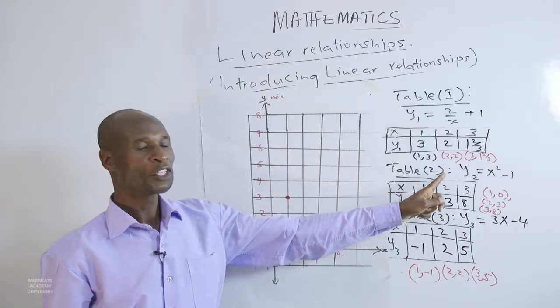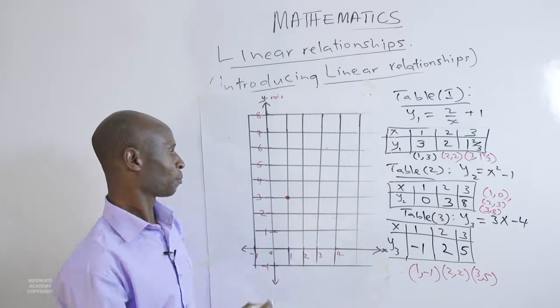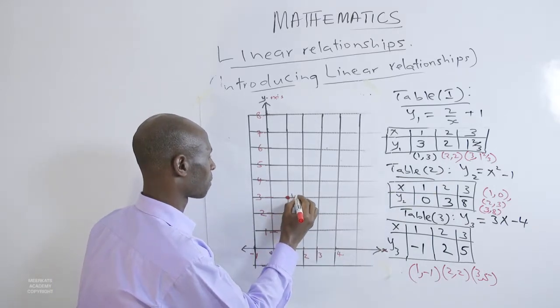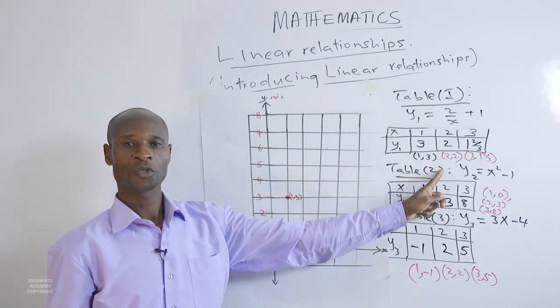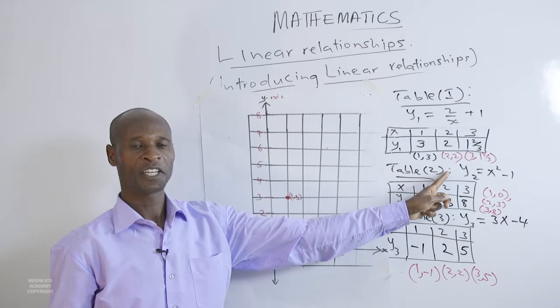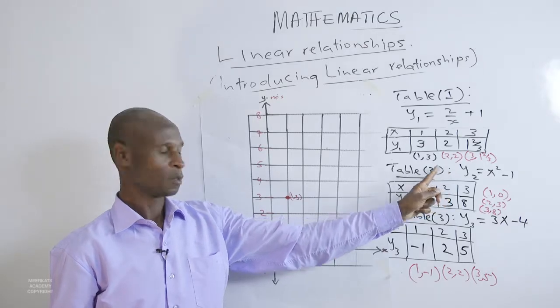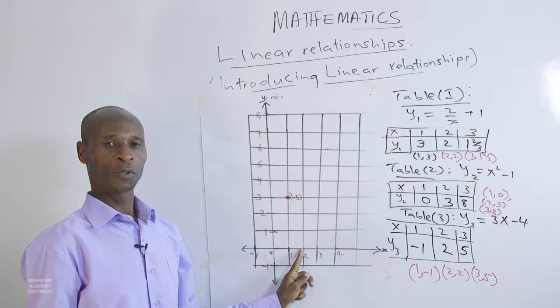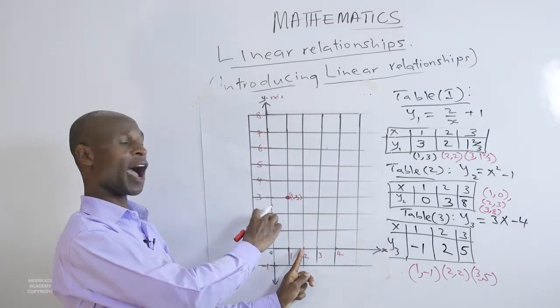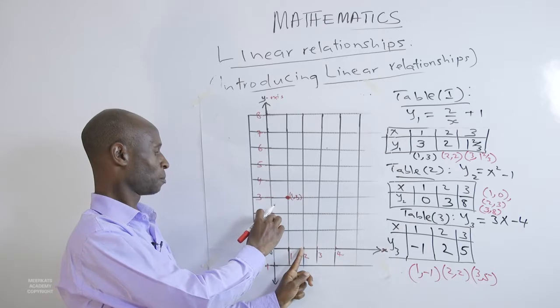Then the second point is (2, 2). That means the x coordinate is 2 and the corresponding y coordinate is also 2. Identify on the x-axis where there is 2 and identify on the y-axis where there is 2.